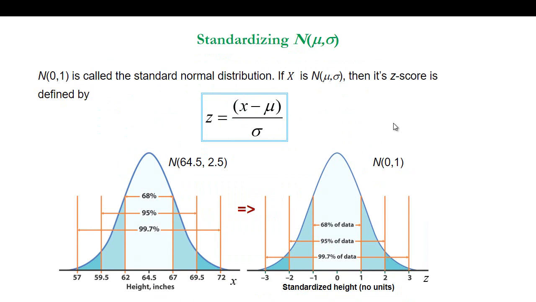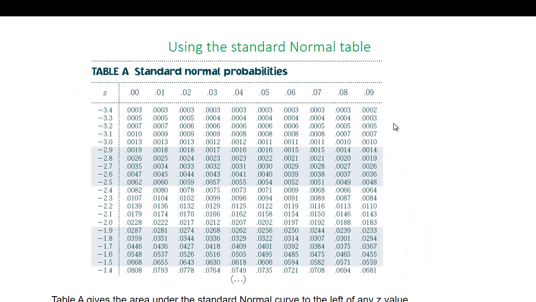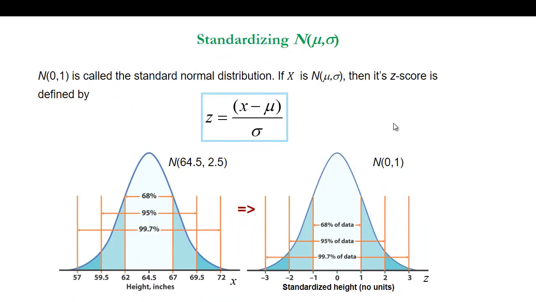The reason we like the standard normal distribution is that when we want to calculate probabilities, we need to be able to find the area below the density curve.